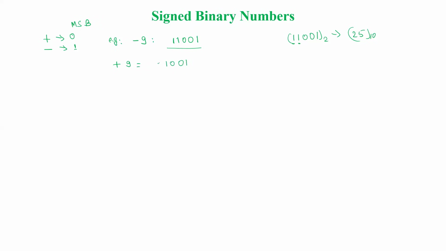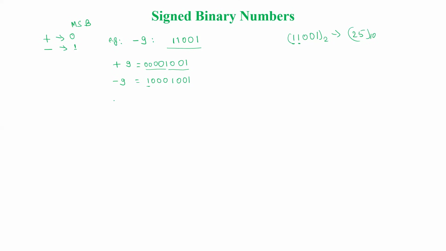We add the sign here, 0. If you are going to consider 4 bits, 0, 0, 0. So this 4-bit 0 is for the sign bit and 1, 0, 0, 1 is the actual value. Whereas negative 9 will be written as 1, 0, 0, 0, 1, 0, 0, 1. Here the MSB bit is 1, which shows that it is a signed negative number.